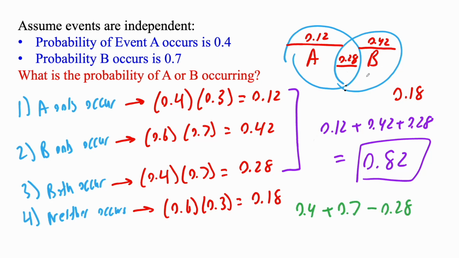You only do it one time. By doing it one time, it will cover this whole area, because the 0.28 is being added to 0.12 and 0.42, but we only want to add it once. If you use your calculator, you'll get 0.82. So both ways will work, and that's pretty much it for this video.